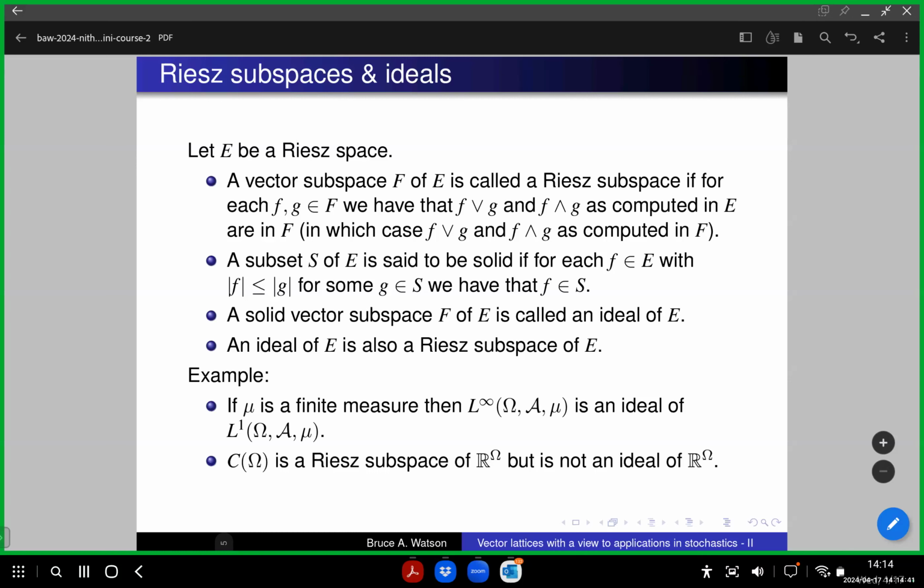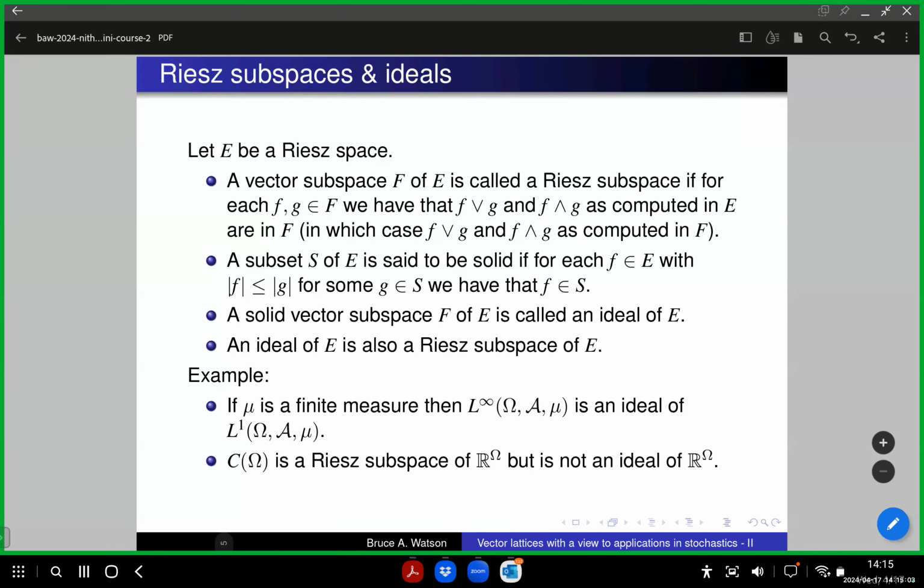If we have a finite measure, let's call it mu, and we look at the L infinity functions, those are the essentially bounded functions with respect to this measure, that is an ideal of the L1 space over that measure. Why is that?